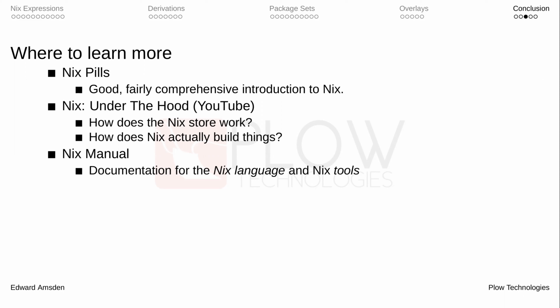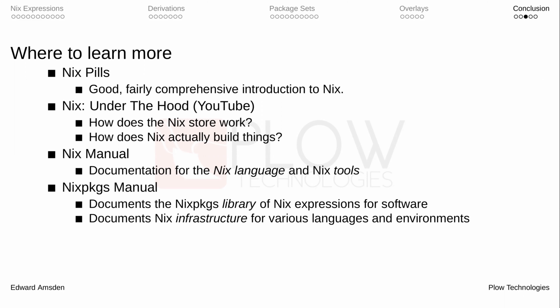The Nix manual documents the expression language and the tools, like nix-instantiate, nix-build, nix-store, and nix-shell. The Nixpkgs manual documents the Nixpkgs library. It was intended as a developer manual for people who want to contribute to Nixpkgs, so it talks a lot about how things are done, but it also has a lot of documentation of the infrastructure that's there for various languages.